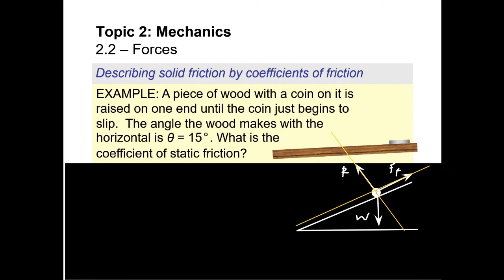Weight has two components, a y component and an x component. The angle here is theta, and the angle here is also theta. So the opposite is going to be W sine theta, and the adjacent is going to be W cosine theta.